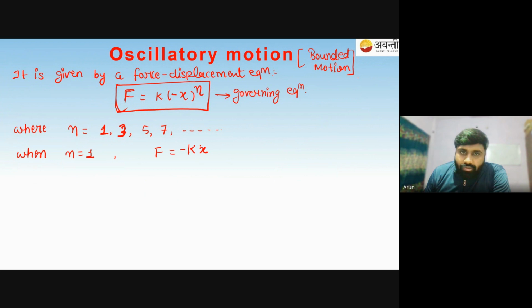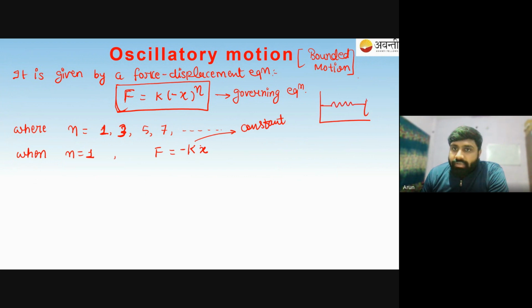Here, if you talk about this k, this is a constant, not the spring constant. This is only a constant. But if we specifically talk about the spring mass system and observe its motion, then this k will become the spring constant. But here now, it is not the spring constant, it is just a constant.